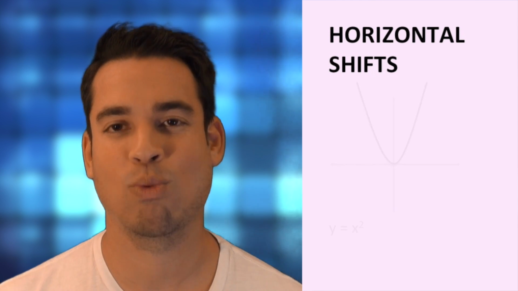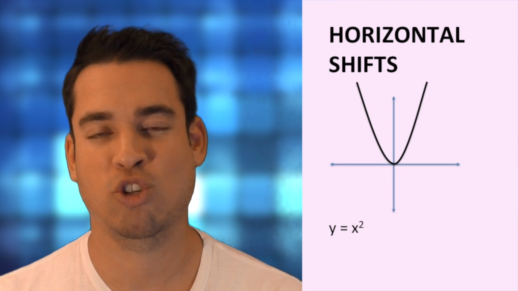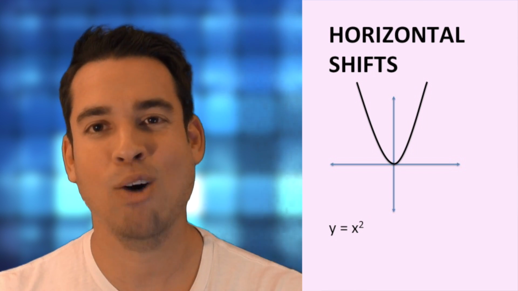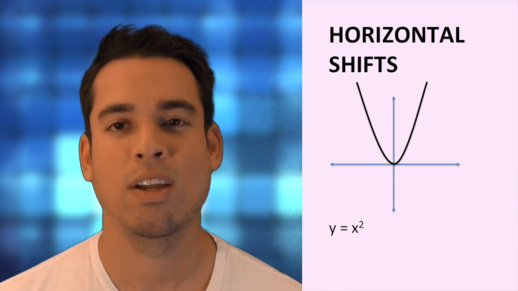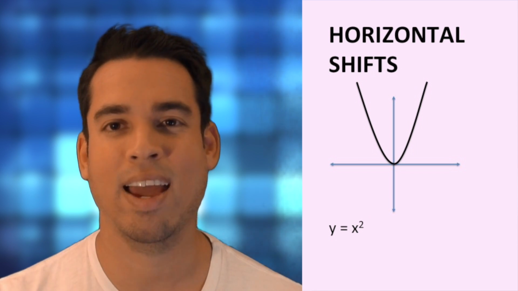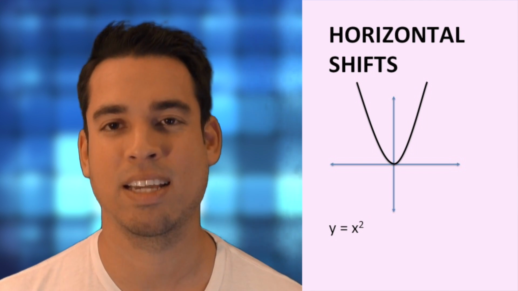Now let's talk about horizontal shifts. For a horizontal shift, we're going to start again with y equals x squared, and instead of where we added or subtracted a number on the outside of the function, essentially to the end of the function, here we're going to add or subtract a number to x in particular, meaning that the number is also going to be affected by the exponent.